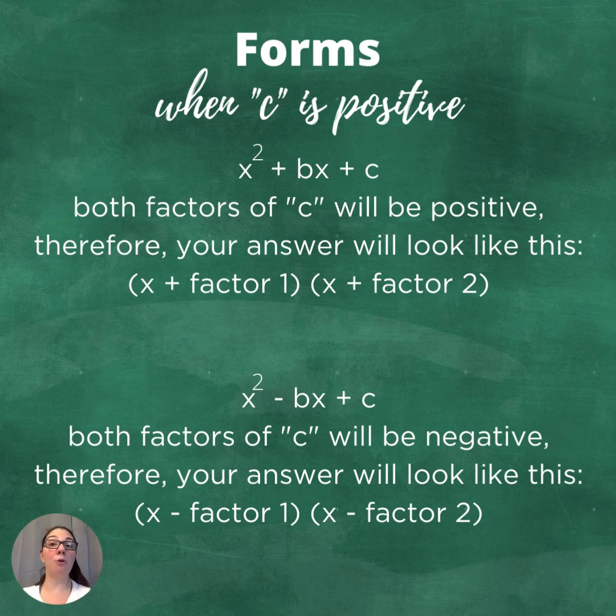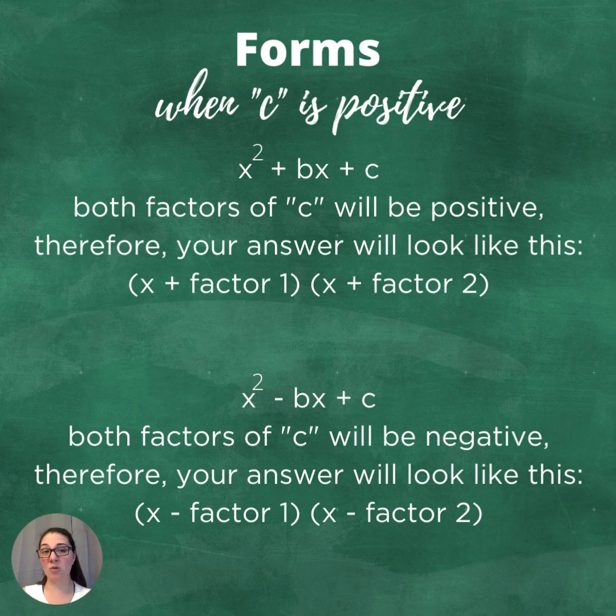So when you have the format x squared plus bx plus c, the only way to multiply to get a positive value and then add them and get another positive value is that both of those factors have to be positive. Once you find the 2 numbers that multiply to c and add together to give you b, your answer will be x plus factor 1 times x plus factor 2.